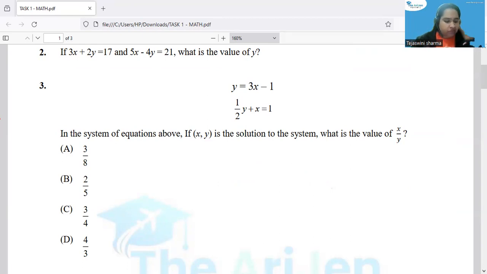What we need to follow here is the traditional approach.